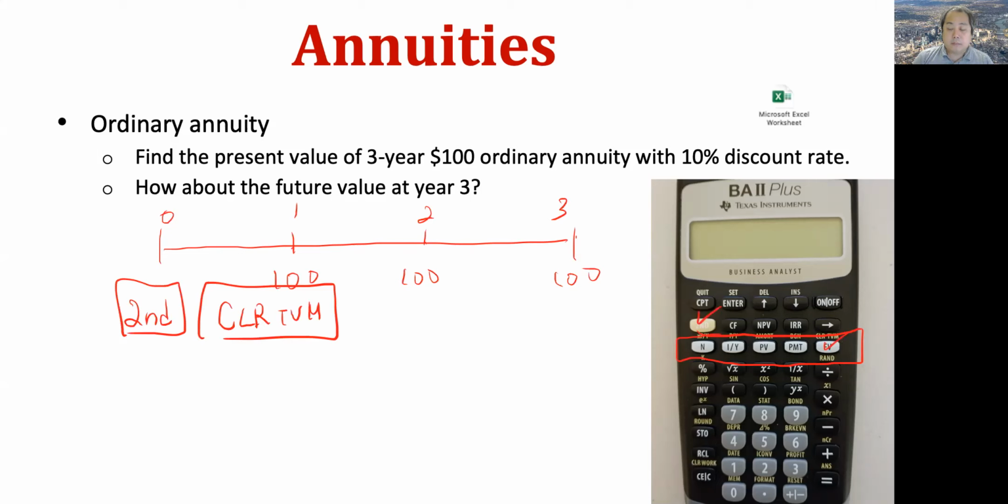And then the number of periods is 3 years, so 3 N. Interest rate, 10%. And PMT is the payment of the annuity, which is $100. So 100 PMT.